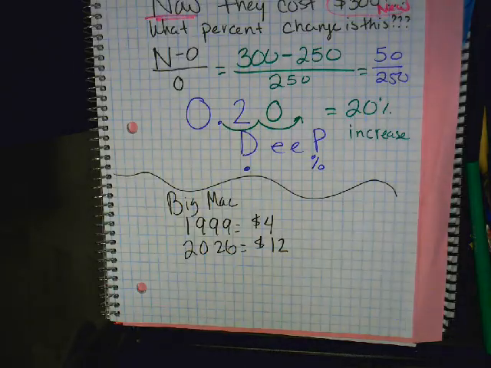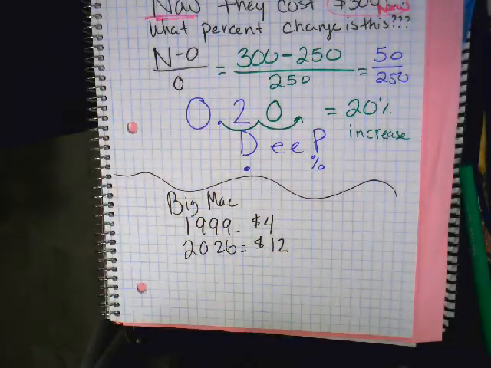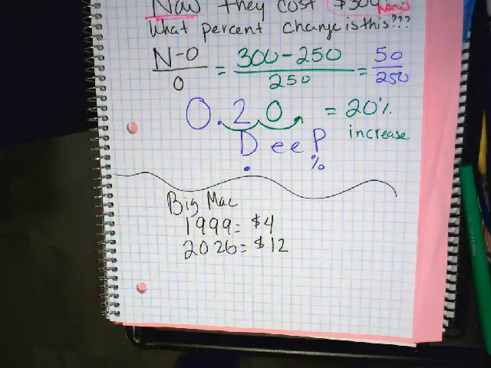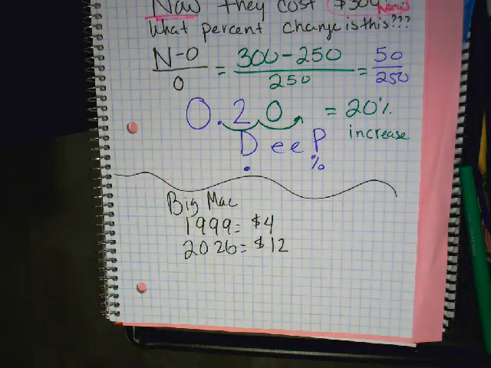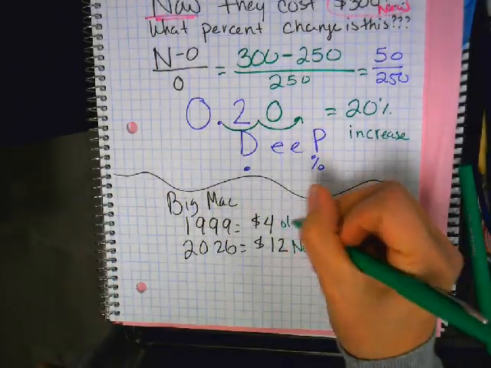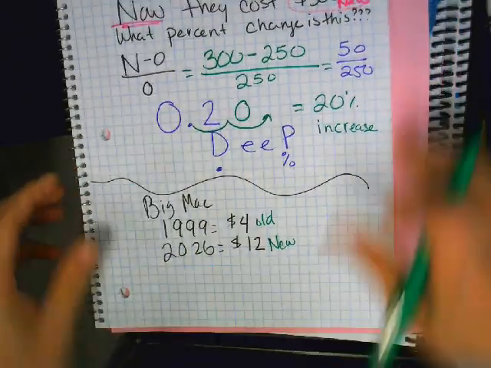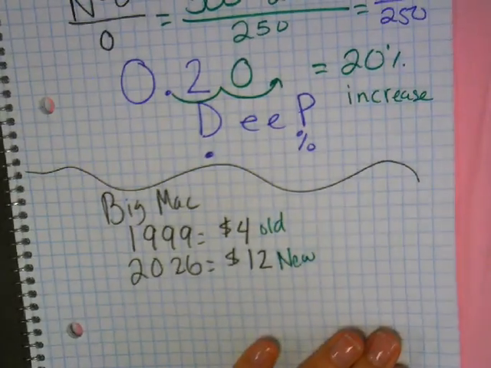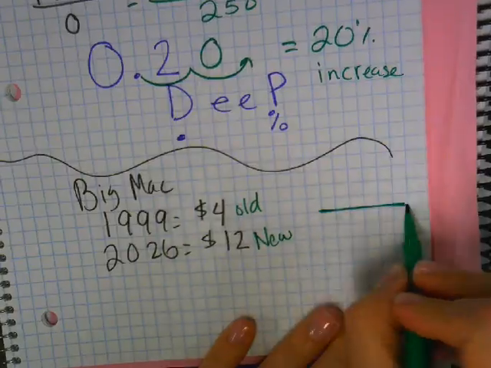Okay, so looking at this, I got rid of all the words. What would be the new price? 12. What would be the old price? 4. So, how would I set it up in my fraction?